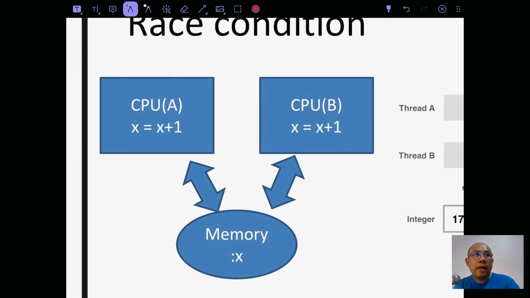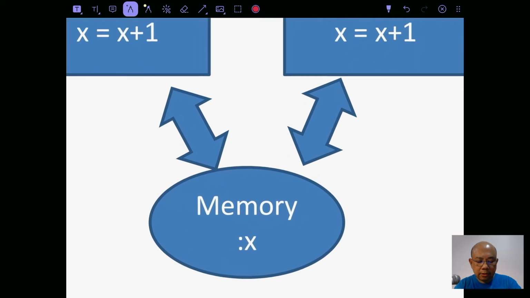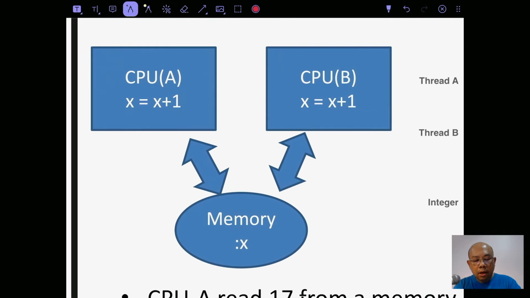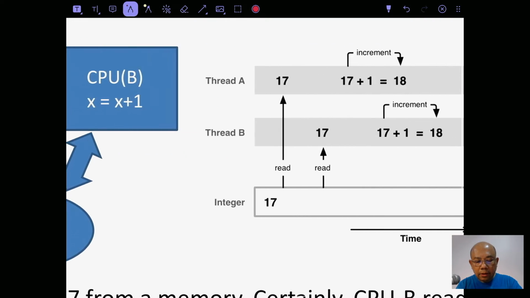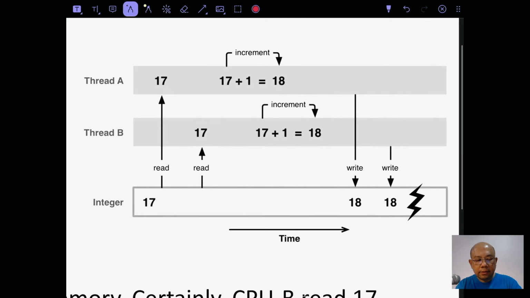Suppose I have CPU A and CPU B connected to the same shared network, and the location has a variable x. For this variable x, the sequence of operations goes like this.